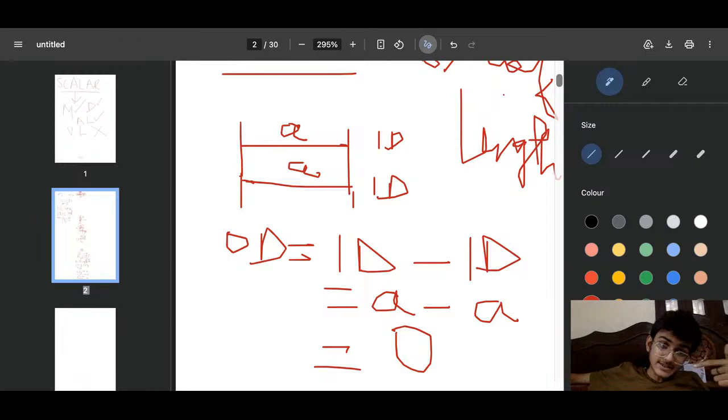Consider some length of x and some length of y, suppose a and b. The other coordinate system should also have the same lengths a and b. Then you make the deduction: from the x you deduct a from a, and you are left with 0. Then you do the same for y, b minus b, that's 0. In this way you are left with a zero dimensional system from 2D minus 2D.